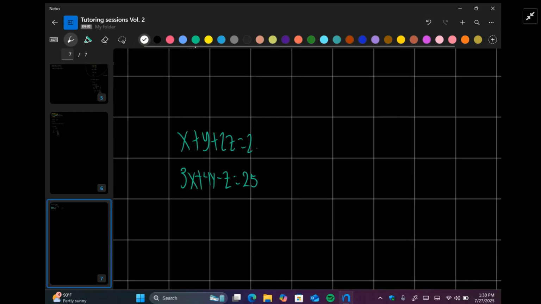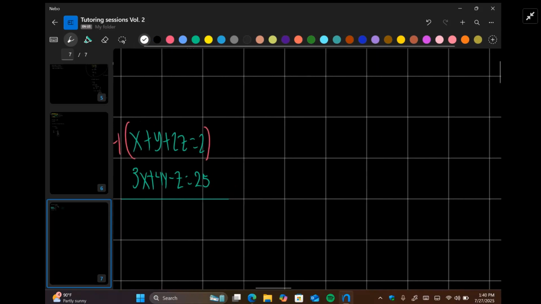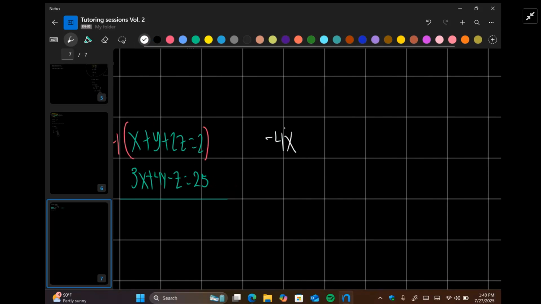Now, we see that there's a 4y here and a y here. If we want to cancel it out, we're going to multiply the top by -4, because then it will cancel out. The only thing we need to do is distribute. So -4x minus 4y minus 8z equals -8, and then plus 3x plus 4y minus z equals 25.